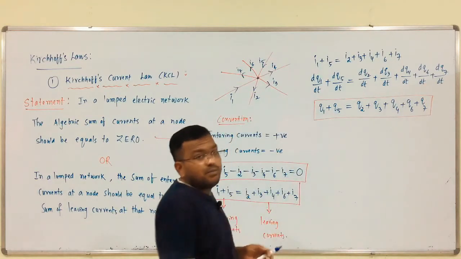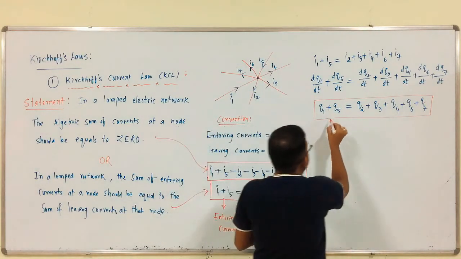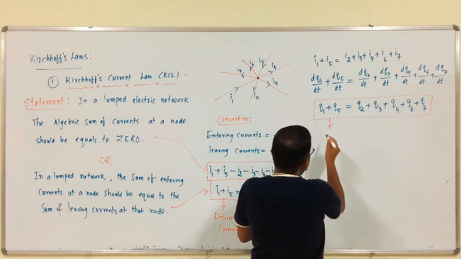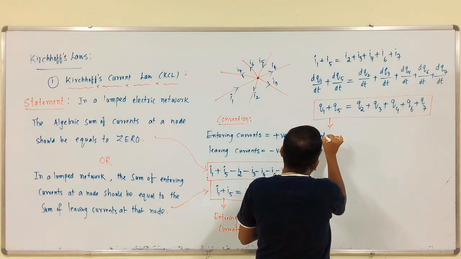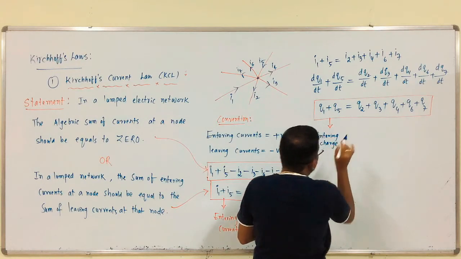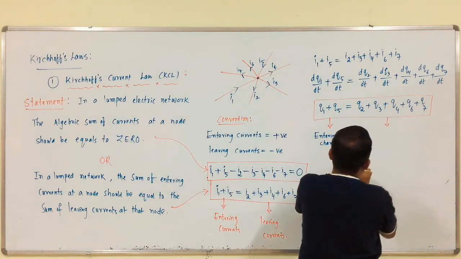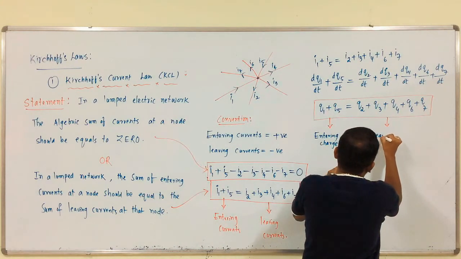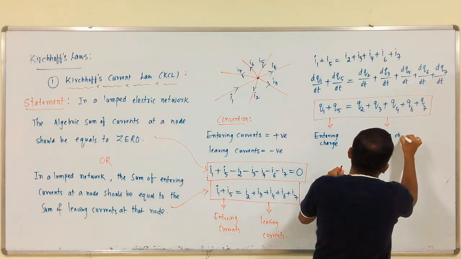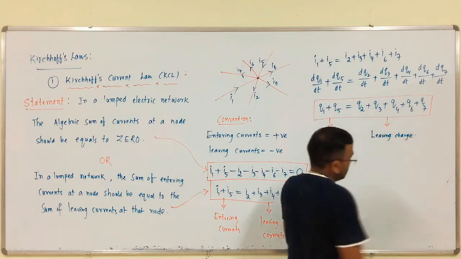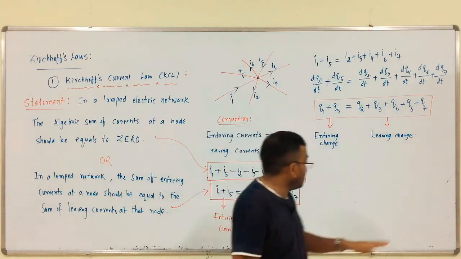This is a very important observation: the entering charge at a node should be equal to the leaving charge. So, what is the observation here?